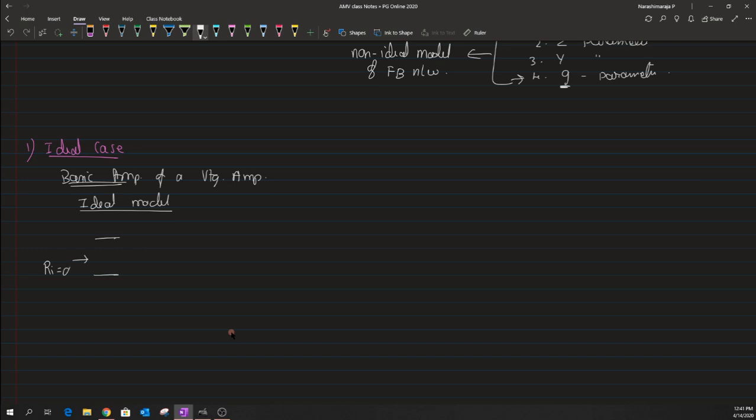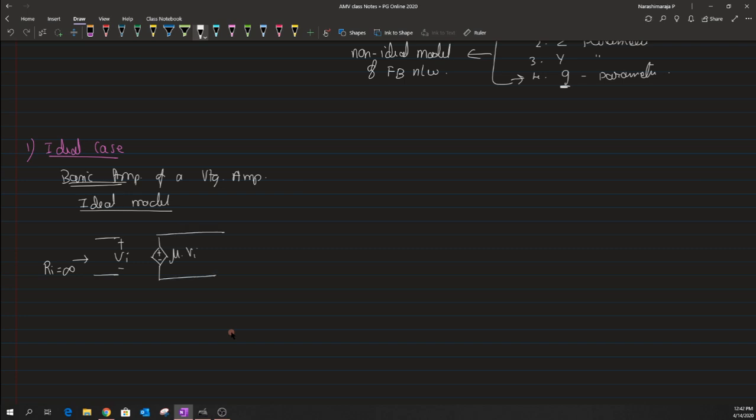That would be considered as infinity, and whatever voltage we have will be taken as Vi, and then we'll have something known as a voltage controlled voltage source. In this case it would be the gain, which I write as mu, times Vi, and this mu times Vi is nothing but our voltage controlled voltage source, and this is the model that we had as an ideal model.